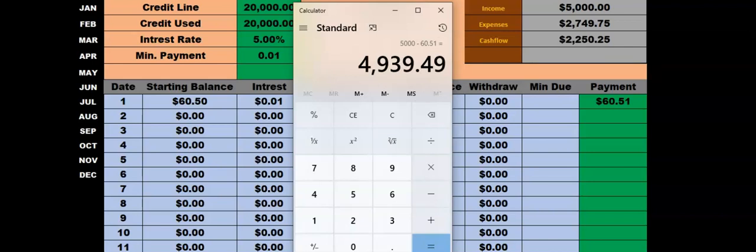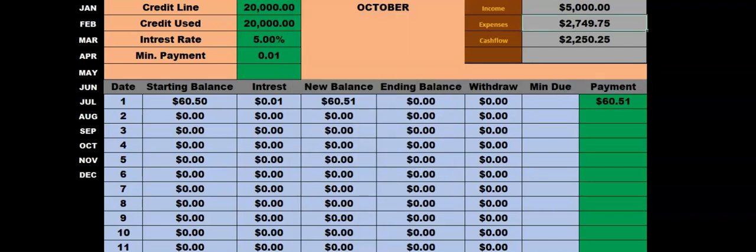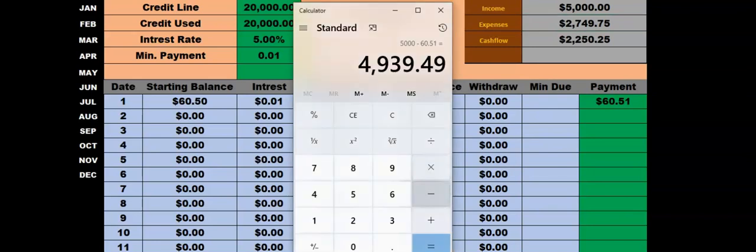We can see that our expenses for this month is a total of $2,749.75. So if we subtract that, the line of credit is paid off at this point, but we need to compare what's left, the difference. So this will subtract the expenses for October, $2,749.75. We end up with $2,189.74 left in our checking account.